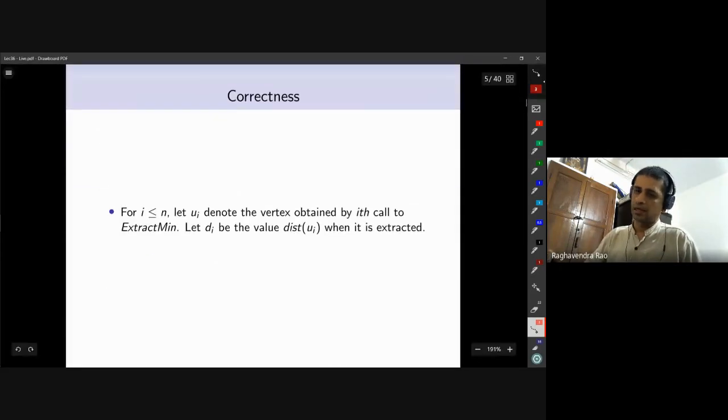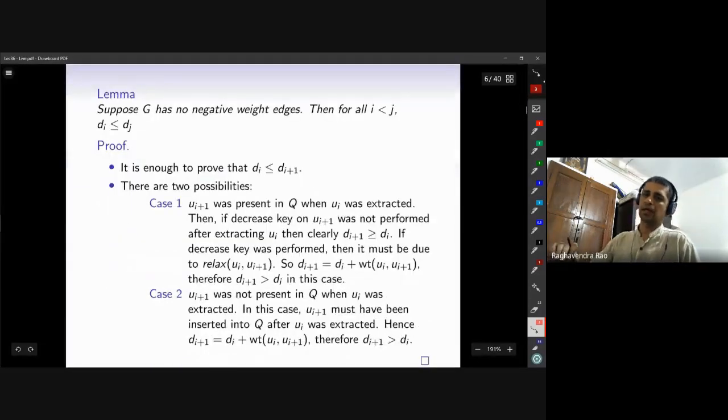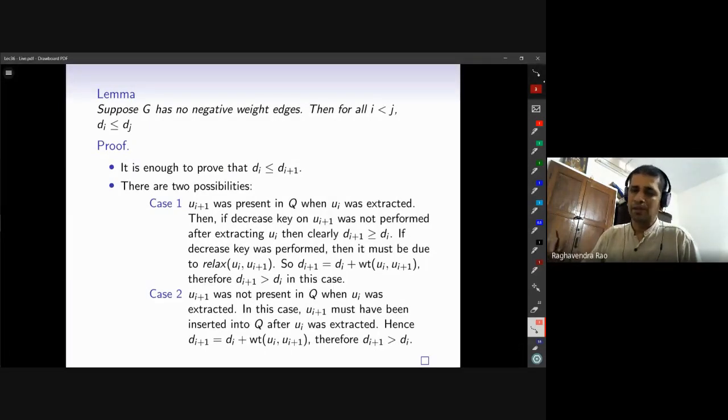So this was an example. Last lecture we proved the correctness part of it. One thing is that for Dijkstra's to work correctly, the graph should not have negative edges.